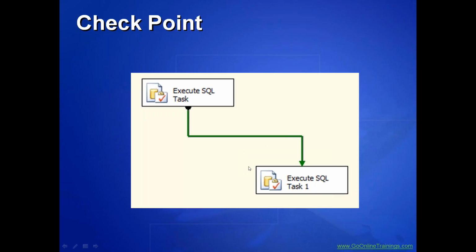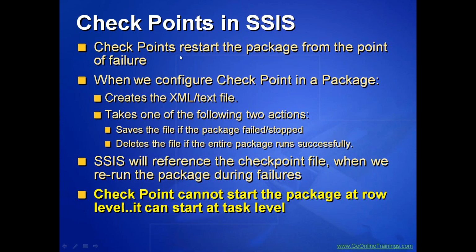When you rectify the issue and re-execute the package, I want to execute from wherever the failure occurred. Whatever task is already executed, I don't want to execute that. Clear? So this is what is called a checkpoint. Checkpoint means restart the package from the point of failure, not from the beginning, in case a failure occurs.